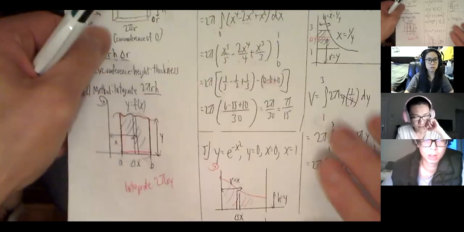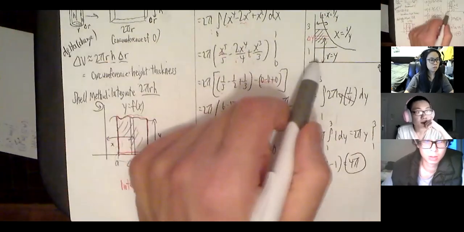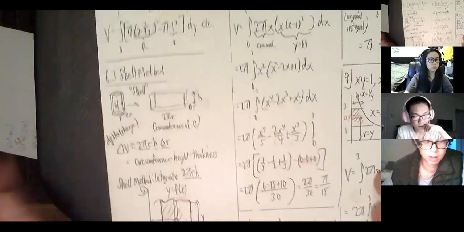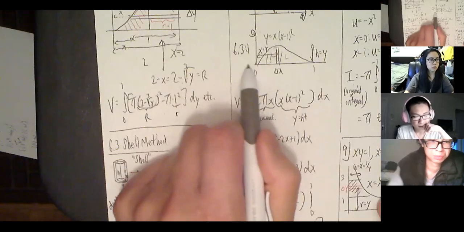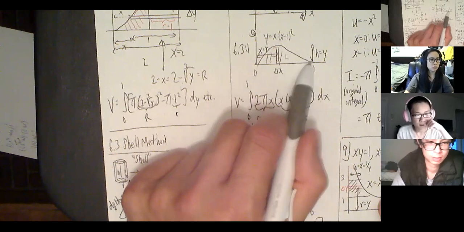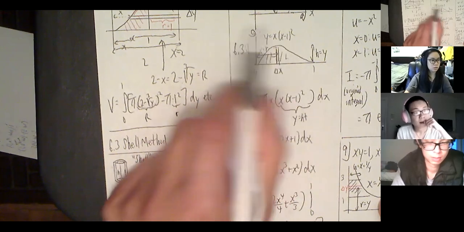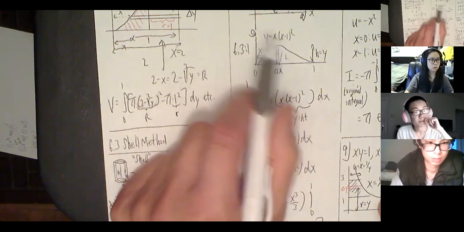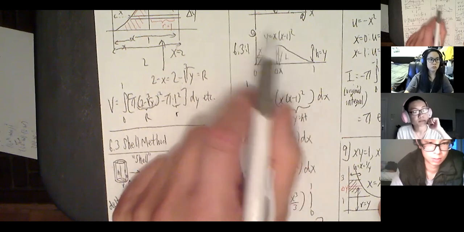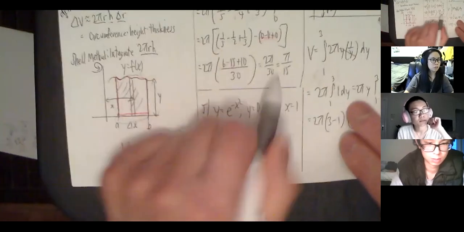All right. Okay, so what is that pi over 15? If I take this region, this funny looking thing like that, spin it about the y-axis, you get some three-dimensional shape. The volume is that.